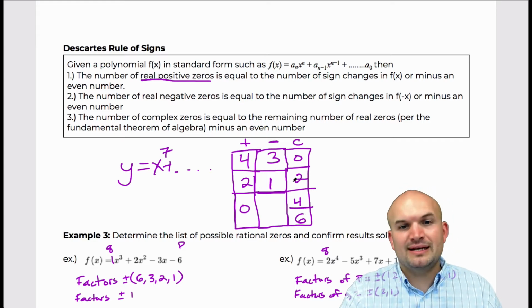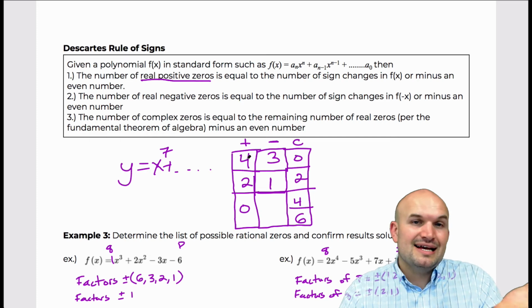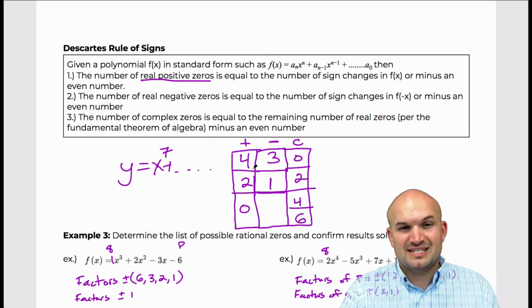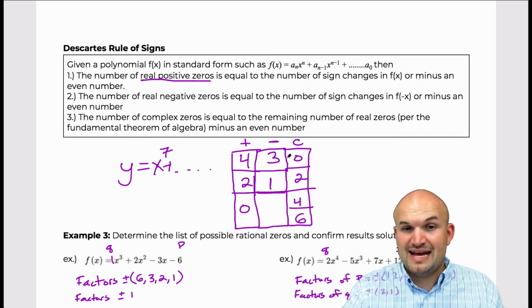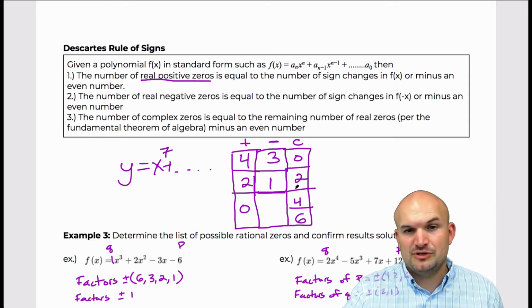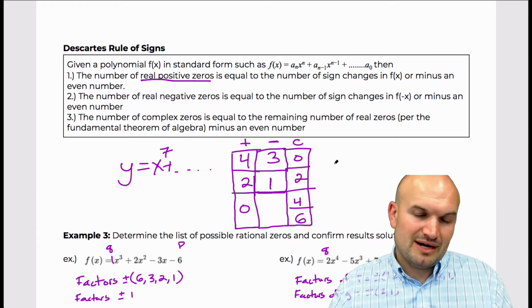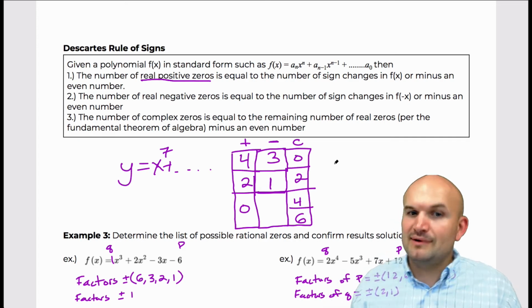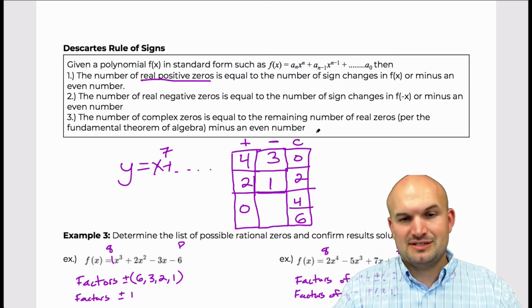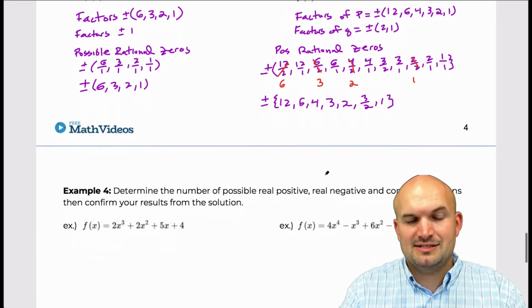So this is telling us the possible arrangement of positive zeros, the possible arrangement of negative zeros, and the possible number of complex zeros. Whenever I'm explaining this, it's like, okay, how can I use this? So let's look at some examples to make sense of it.